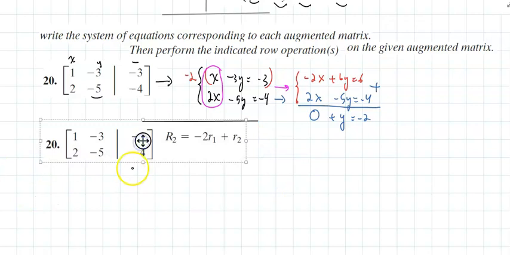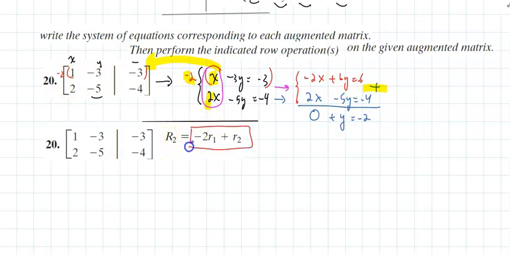Now, if I look at number 20, what they want, well, let me go back and recap. What did I do? I multiplied row 1 by a negative 2 to make those exact opposites, and I added those. So if I look back at the numbers, if I want to get rid of the x here, isn't that the same idea? Don't you multiply this by negative 2 and just add those? Well, guess what? That's what this says. Take row 1.